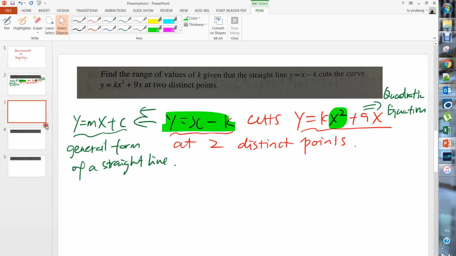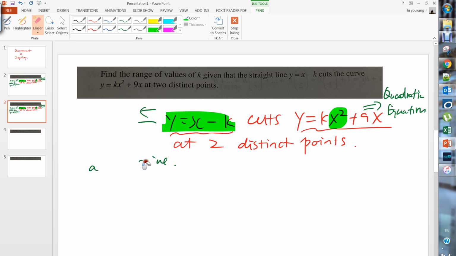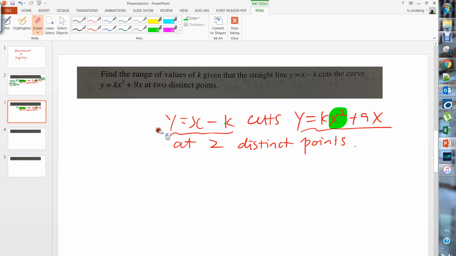Or I can actually create one more slide and then erase this, and I will start to solve this question. The question says this straight line cuts this curve at two distinct points. So let's refresh our memory. For our discriminant, we have three cases, right?